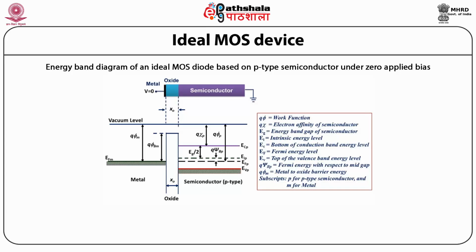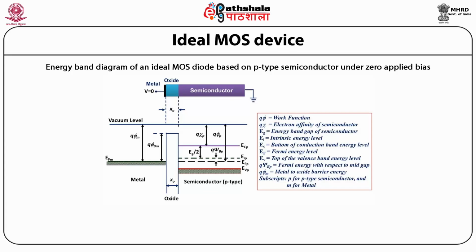Now, as is evident from the figure, on the metal side we have the Fermi energy level corresponding to E Fm, and this q phi m corresponds to the work function, and the oxide layer is of thickness chi0.